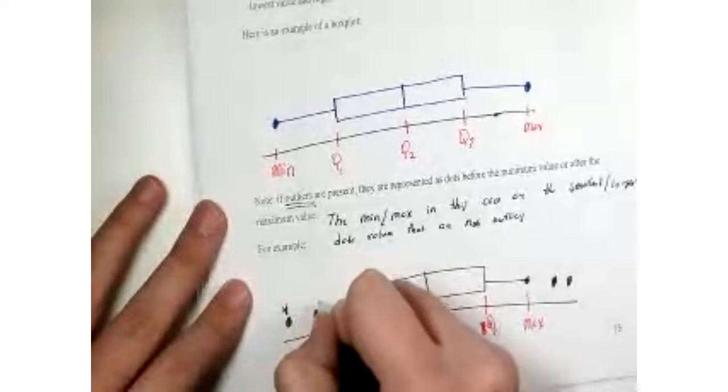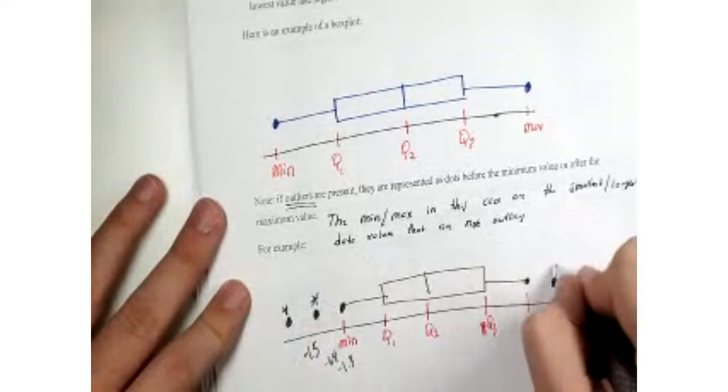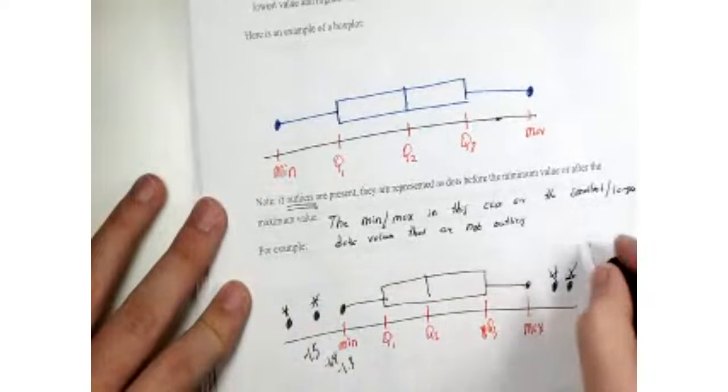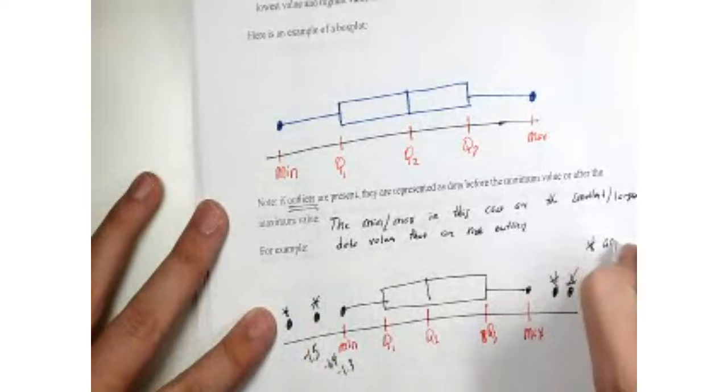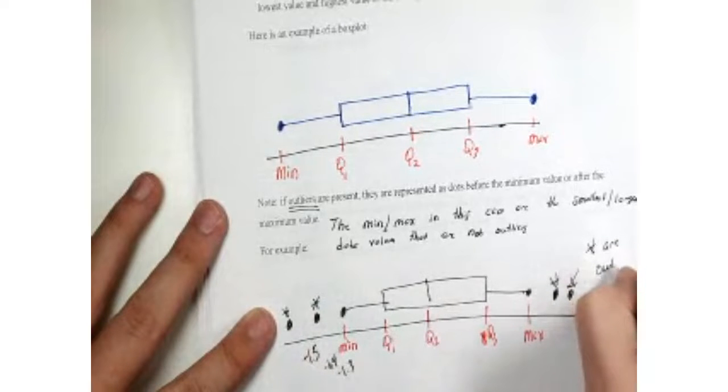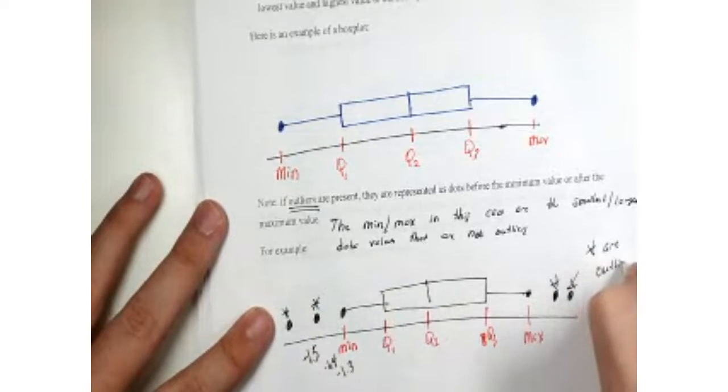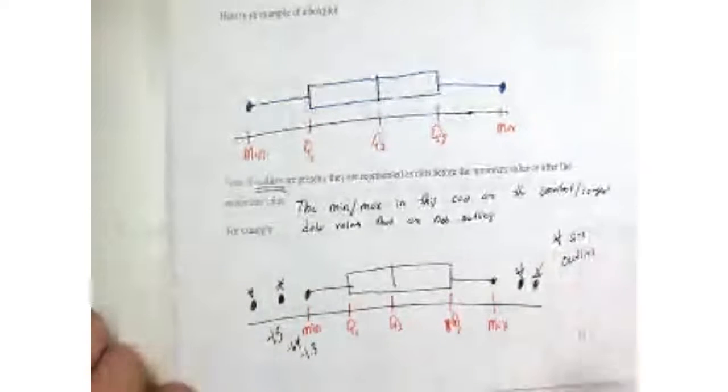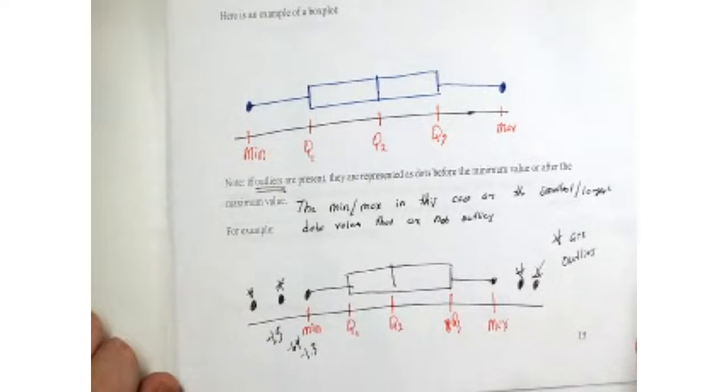All of these points here, this one, this one, this one, and this one are outliers. Is everyone okay with that, or do we need to explain that again? Okay.